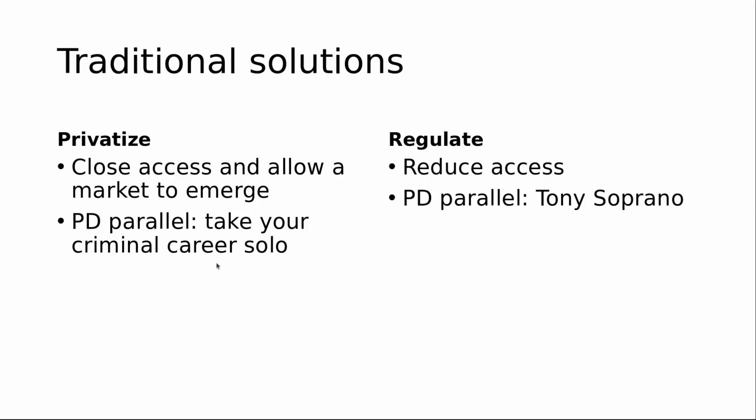The other one is privatize. So if it wasn't me and Eli working together, but just one of us who knocked off the liquor store, now we don't have to worry about someone else. Right? By not having a social problem, we've kind of taken ourselves out of this entirely. Now let's think about something like a fishery.